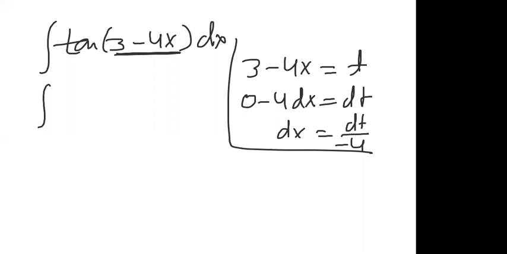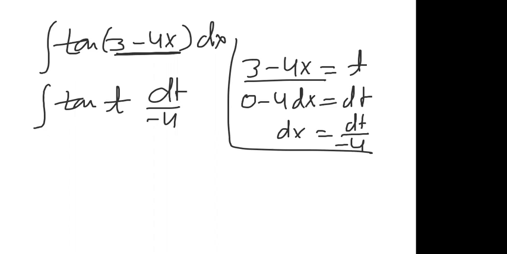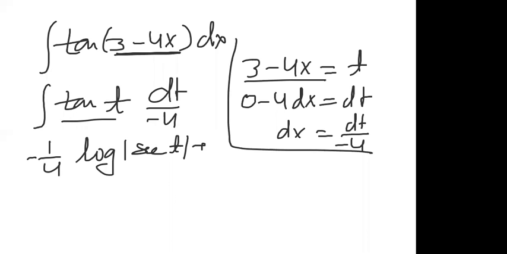It will be the integral of tan. This whole part we have supposed as t, and dx can be written as dt upon minus 4. So I can write minus 1 upon 4 integral of tan t. Now the integral of tan t is log mod sec t plus c.